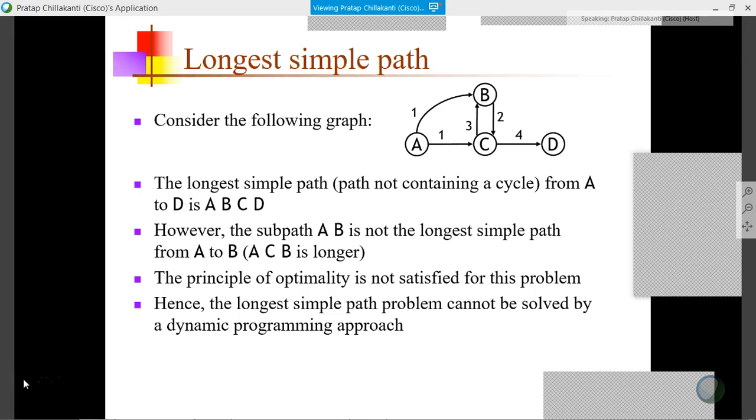It really depends on the problem that you're trying to solve. And all this class is doing is exposing you to different ways of looking at a problem and trying to solve them. That's all we are doing here.